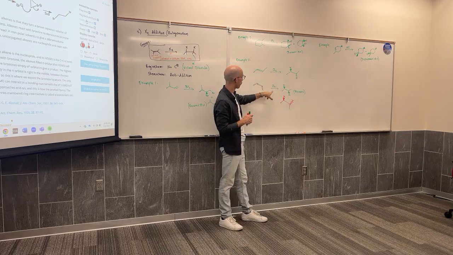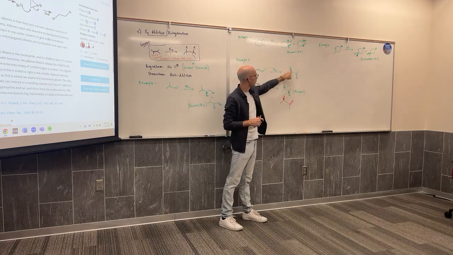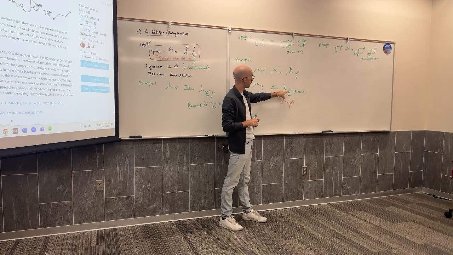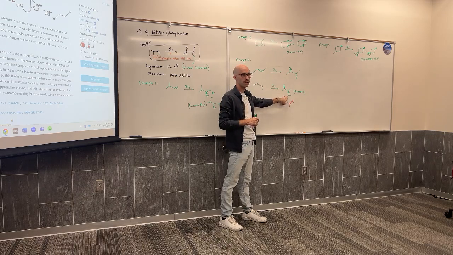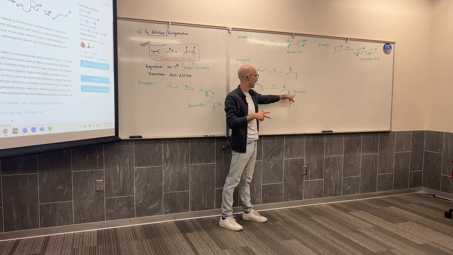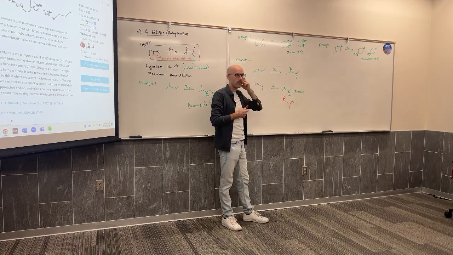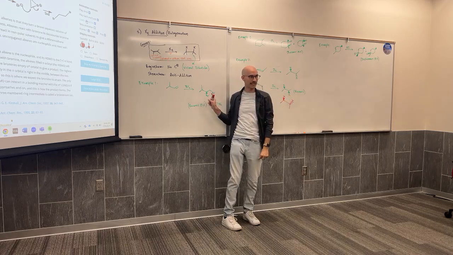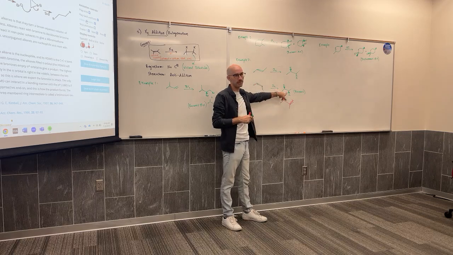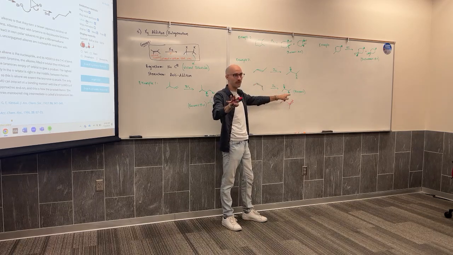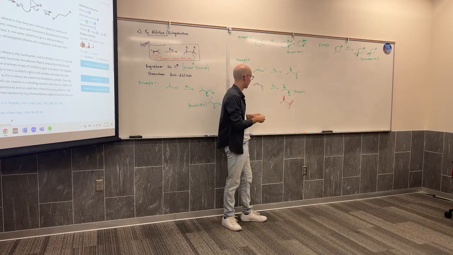What I wanted you to point out was that here I have an iodine wedged and iodine dashed. But here I have two wedged or two dashed, given the other enantiomer. If it's anti-addition, how is it that they can both be wedged? It's because it's not the conformation it formed in.